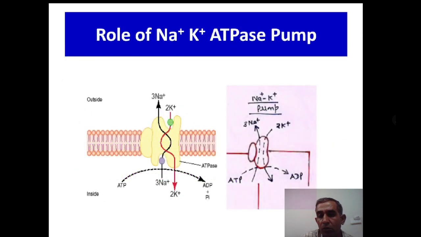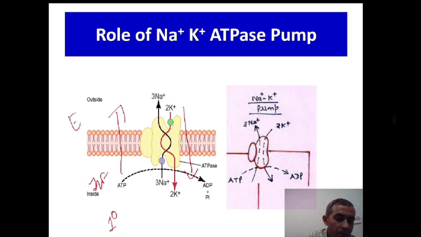Now coming to the last part of the genesis of the RMP, that is the role of the sodium potassium ATPase pump. As we know, the sodium potassium ATPase pump is an example of a primary active transport mechanism. What is the main function of the sodium potassium ATPase pump? By the sodium potassium ATPase pump, 2 potassium move from the ECF to the ICF. At the same time, 3 sodium move out of the cell, from the ICF to the ECF.